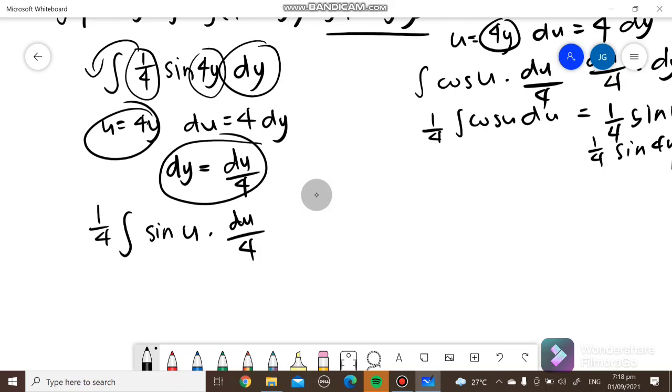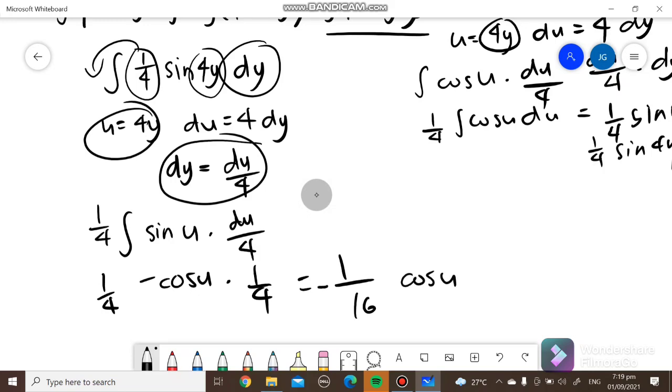What's the integral of sine u? We will have negative cosine. The integral of sine is negative cosine. So we have 1/4 times negative cosine u multiplied by 1/4. Basically, we will have negative 1/16 cosine u plus c.